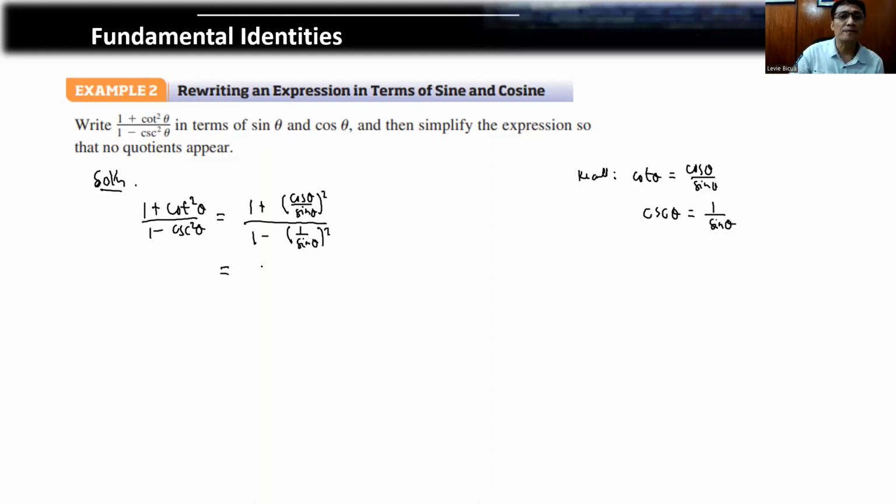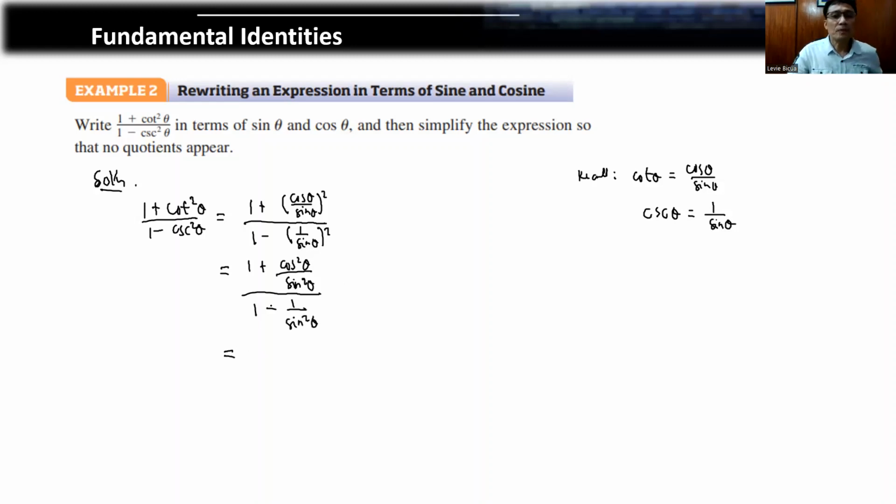Then we continue simplifying. Of course, you have here 1 plus cosine squared theta over sine squared theta, then over 1 minus 1 over sine squared theta.